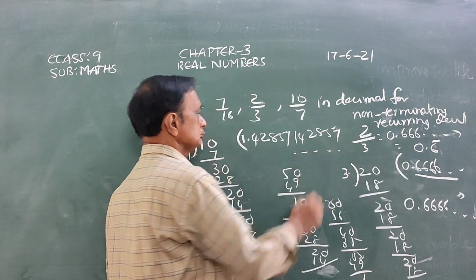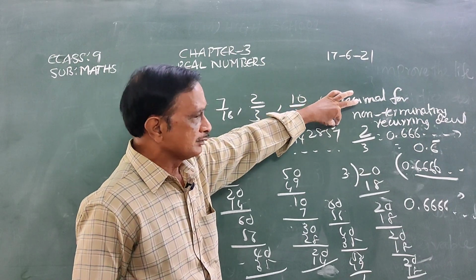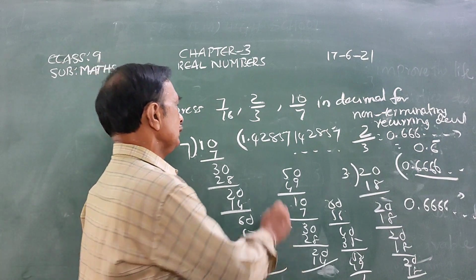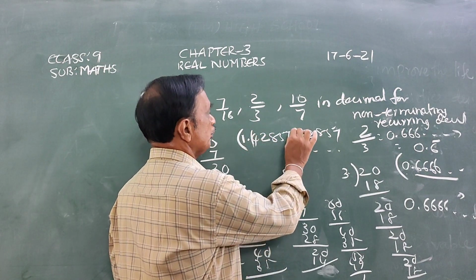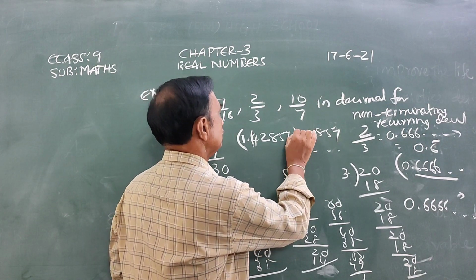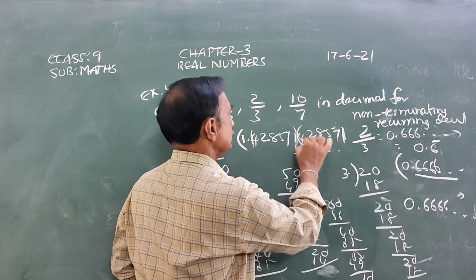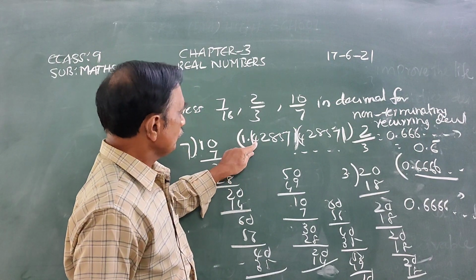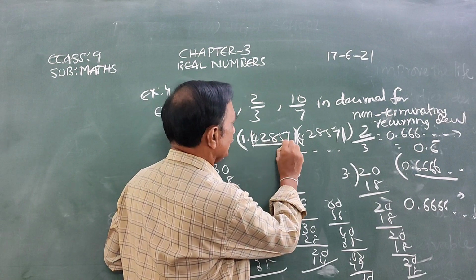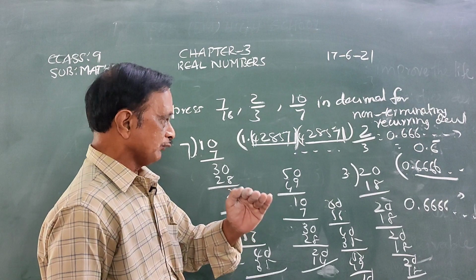Here in the decimal part we get an infinite number of decimal digits. That is called a non-terminating decimal. But in the decimal part we have a block of digits repeating. 1.428571, 428571, 428571 and so on.